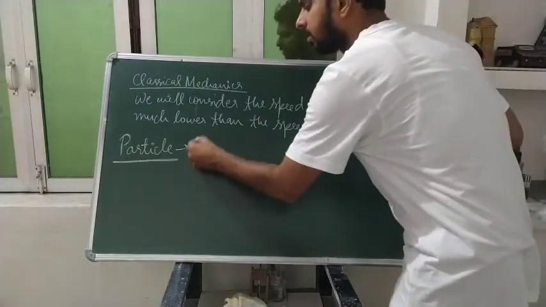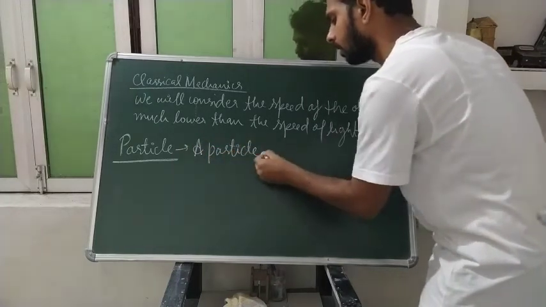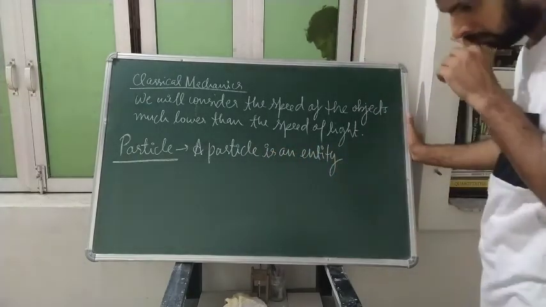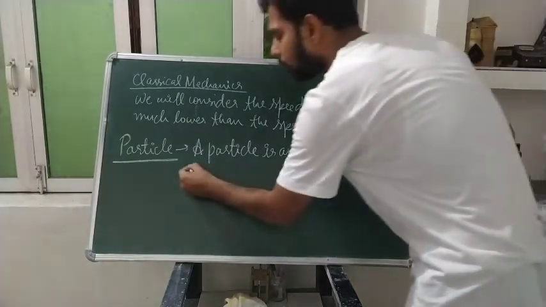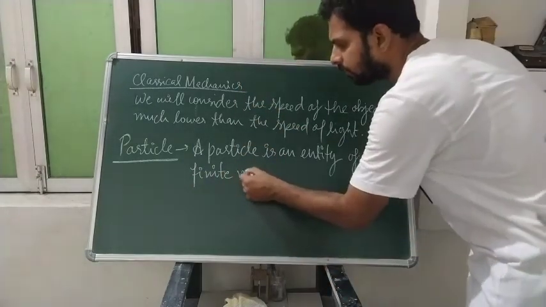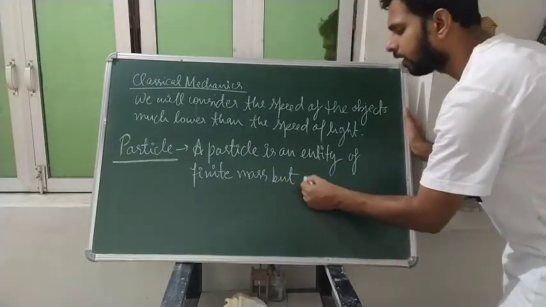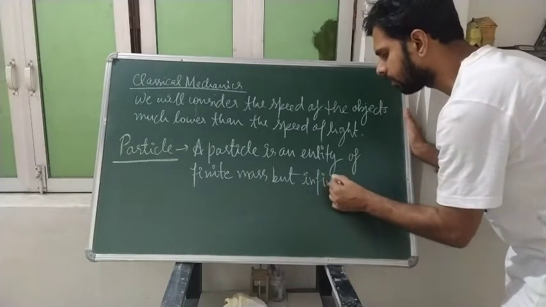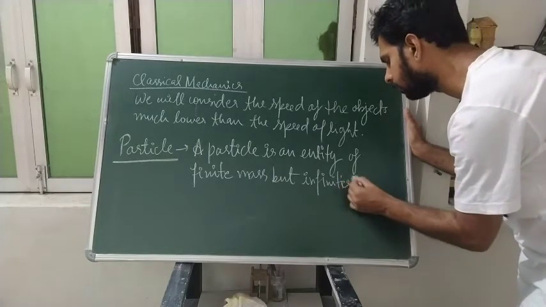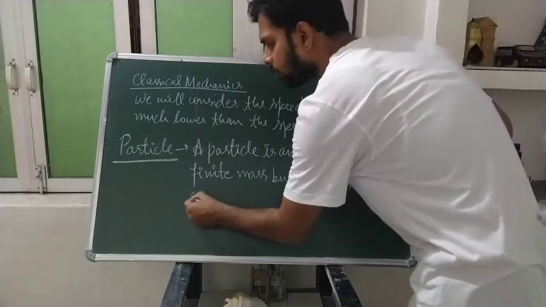So a particle is an entity of finite mass but infinitesimal small in size.